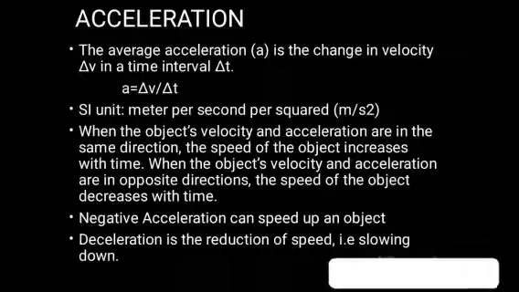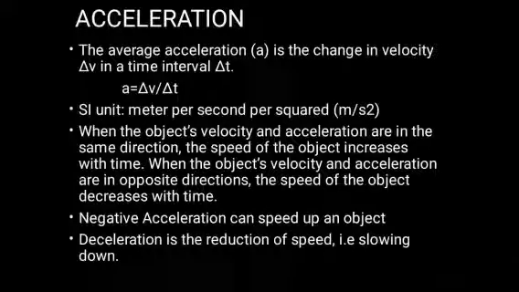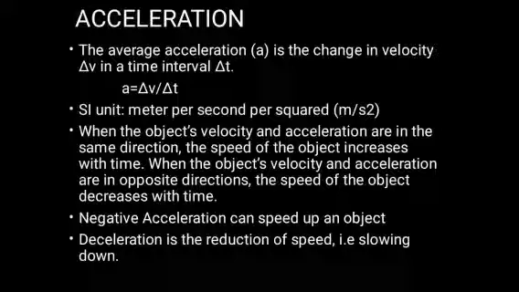As a matter of fact, negative acceleration can also mean that the object is speeding up. When the object's velocity and acceleration are in the same direction, the speed of the object increases with time. That is, if the object's velocity is in the positive direction of the x-axis or y-axis, and the acceleration is also in the positive direction of the x-axis or y-axis, the speed of the object increases with time.